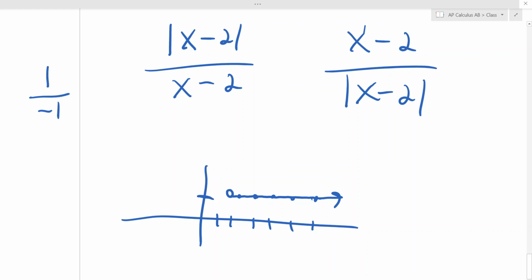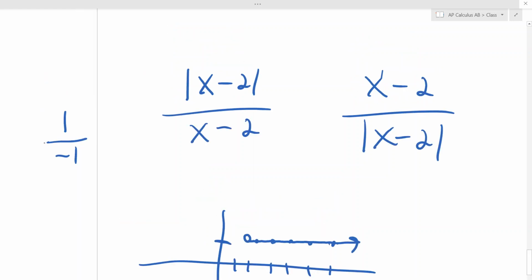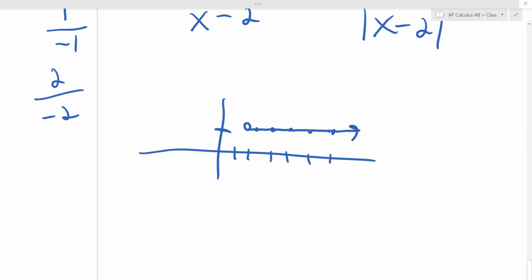Okay? That's negative 1. When I plug a 0 into that, I get 2 over negative 2. That's negative 1. If I plug negative 6 into that, I'm going to get 8 over negative 8. That's negative 1. So everywhere down here, it equals negative 1. But at 2 again, there's no point, so it looks like that.